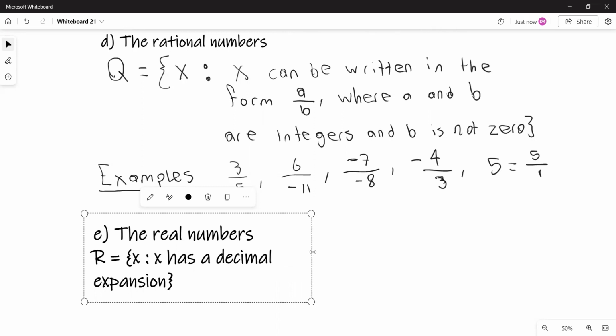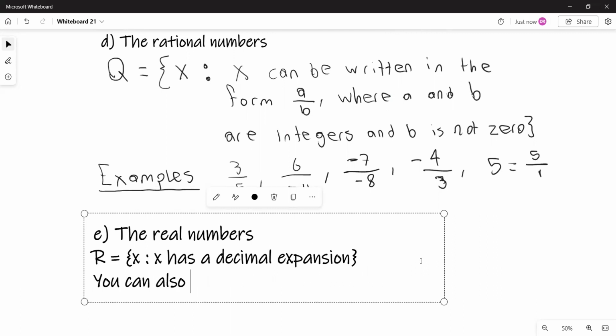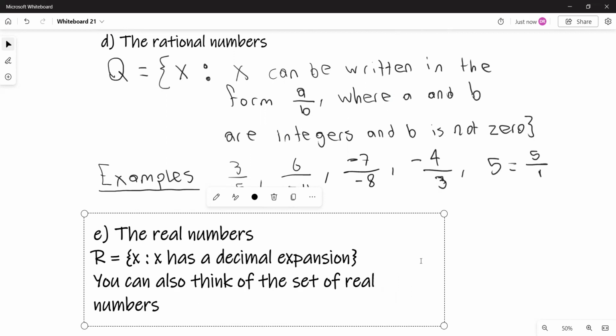And later, in chapter 6, I will explain this with more detail. Or you can also think of the set of real numbers as the set of all numbers that can be represented on a number line.